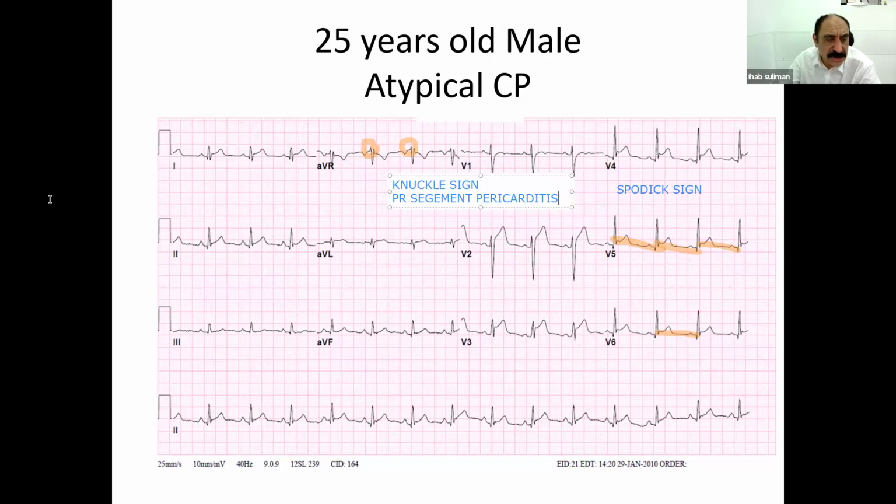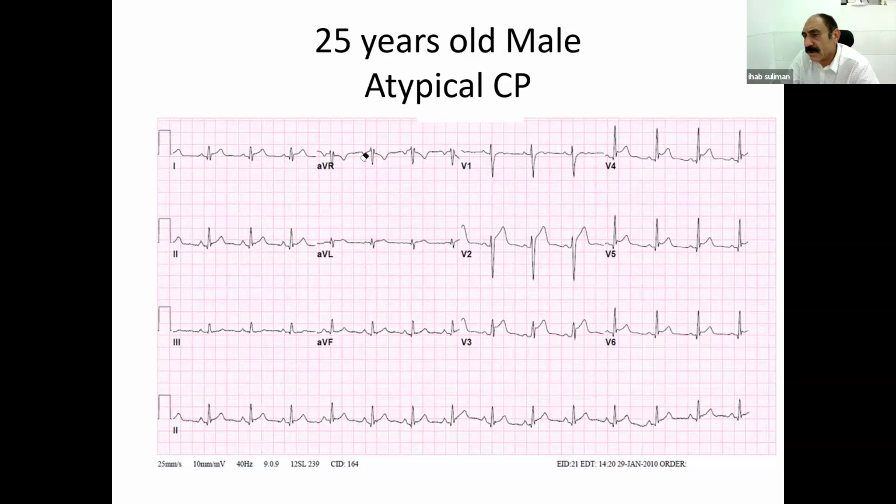Nowadays, the social habits of young people are getting different and reaching various degrees of extreme. So you might get somebody who's 20 years old and using recreational drugs and other stuff. So it is important.